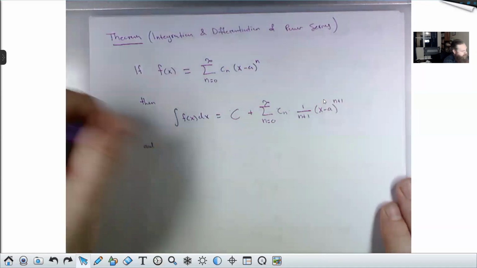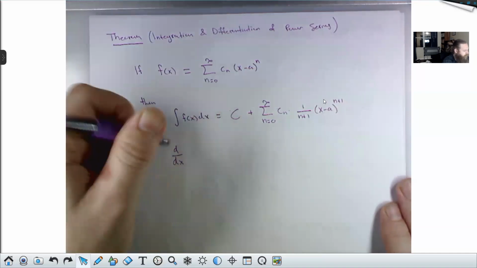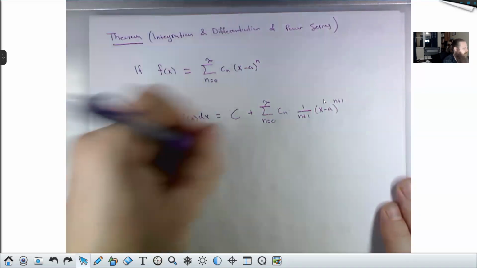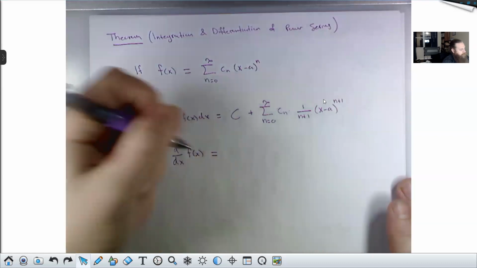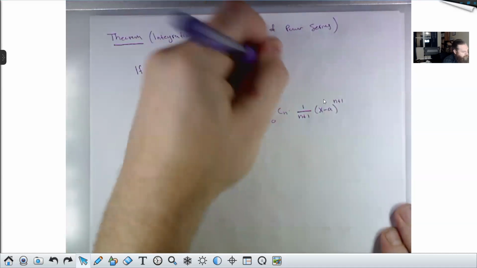And you can also differentiate these series like you differentiate polynomials. The derivative d/dx of f of x would be... Before I write this down, let me write out the first few terms of the series.